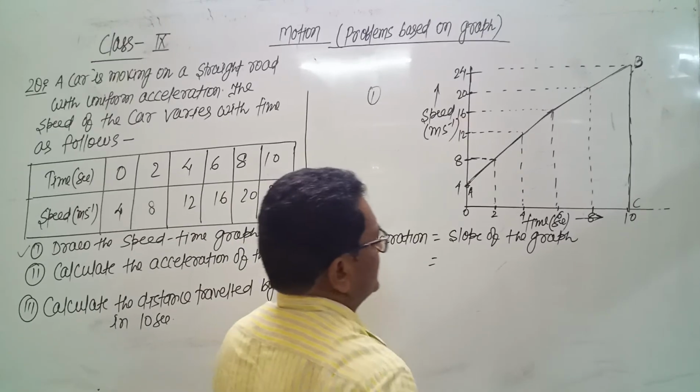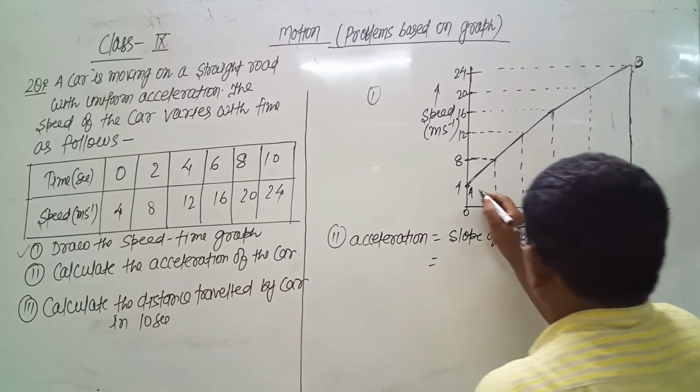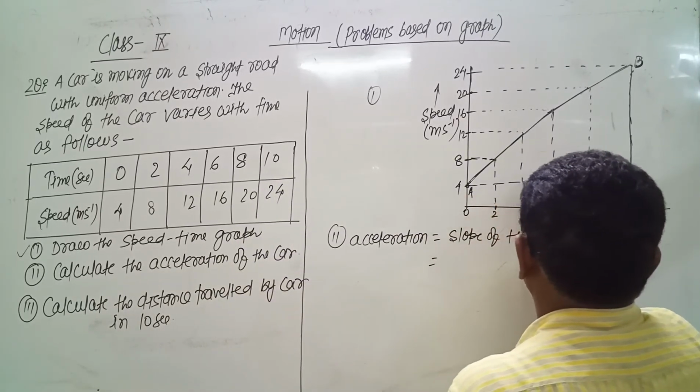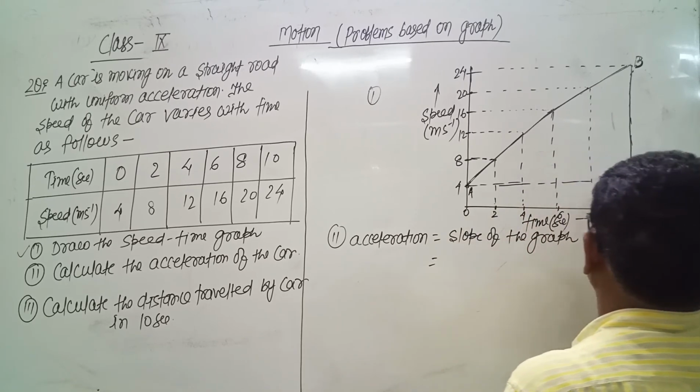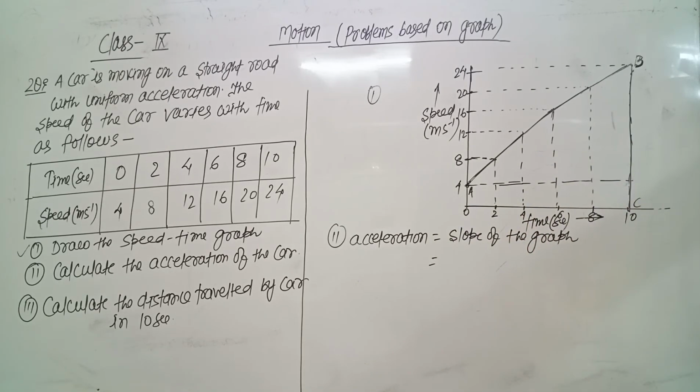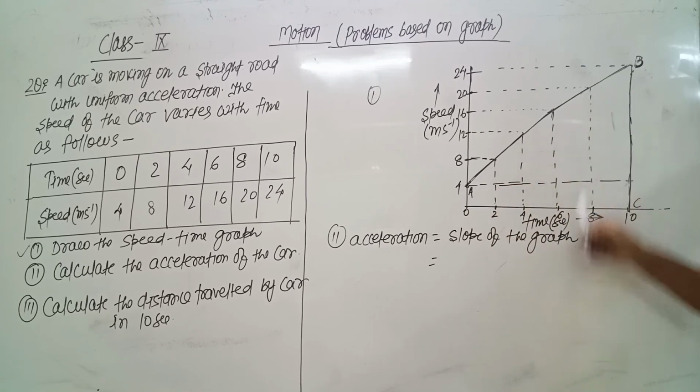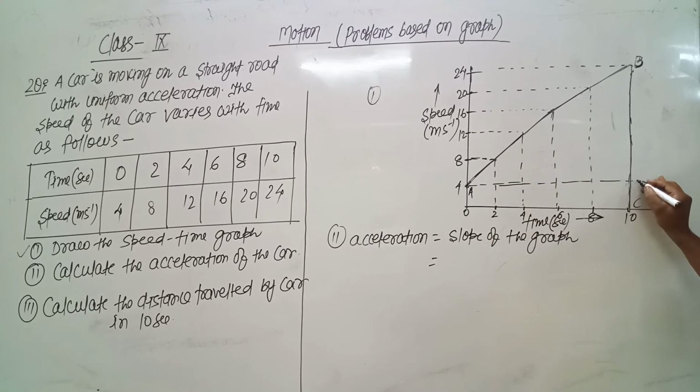Now draw a line parallel to the time axis. The graph was started from point P. So slope equals to, name it B.